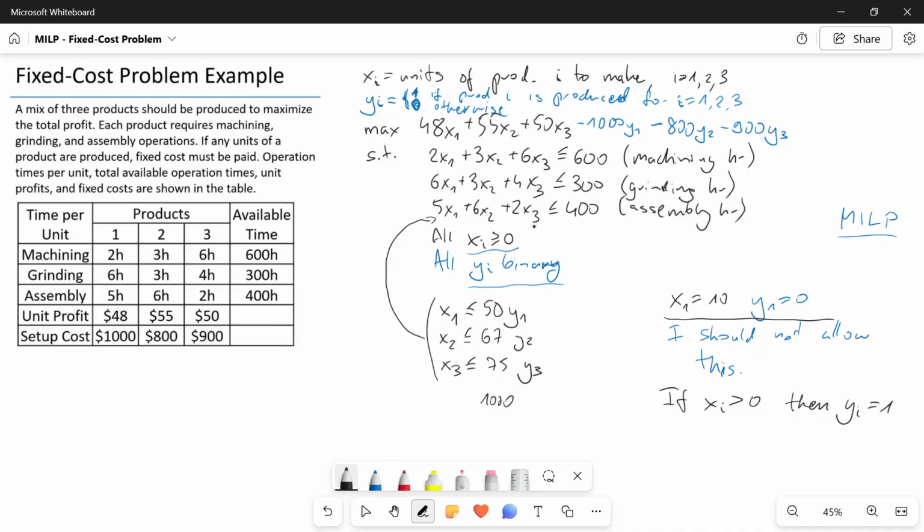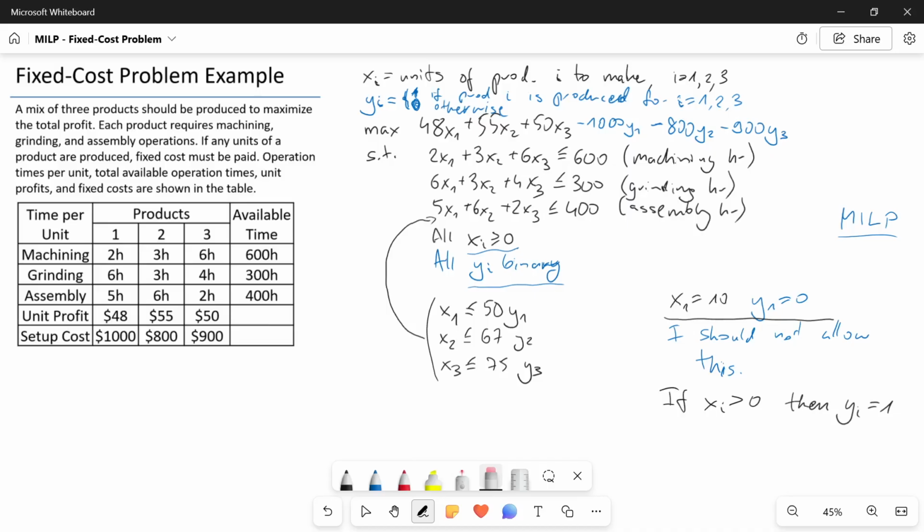But we can restrict this number 1000 even further to lower numbers by observing that in the constraints x1 will never be higher than 50 according to the most restrictive constraints. So if you don't have an actual limit for x1, put something based on other constraints, but if you do have a limit like 100 that is given, just use that limit in the problem. So this is a complete mathematical model for this fixed charge or fixed cost problem.